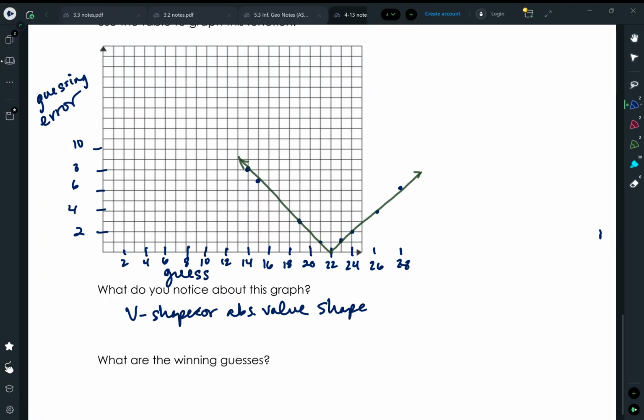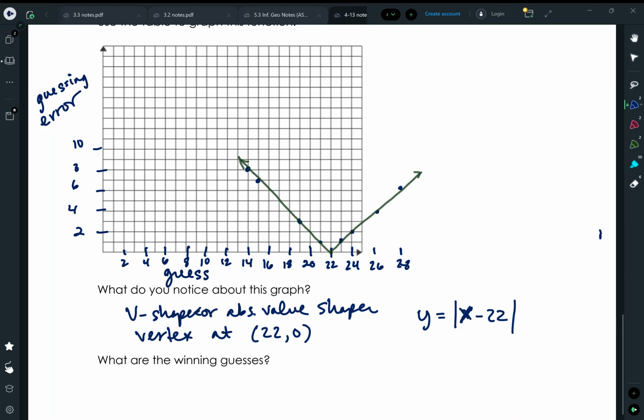I notice it has a vertex at 22, 0. So this would be the equation y equals absolute value of x minus 22. Because really whatever my guess was, we could subtract 22 and then make it positive.